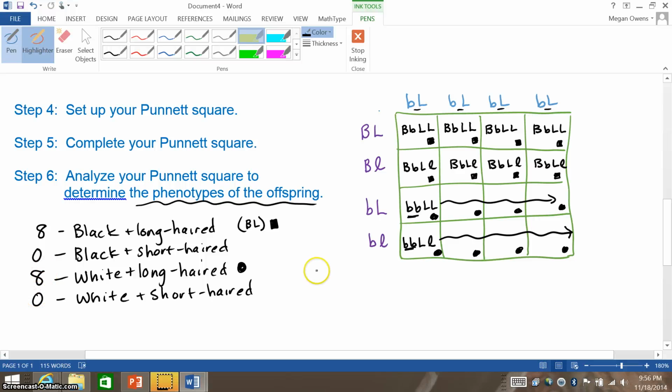So I know that my final phenotype would be 8 out of 16 black and long-haired, and 8 out of 16 white and long-haired.